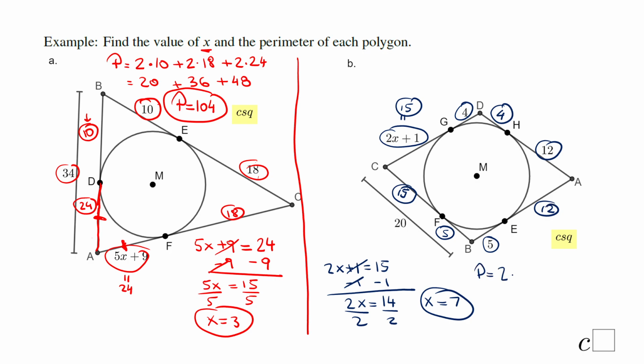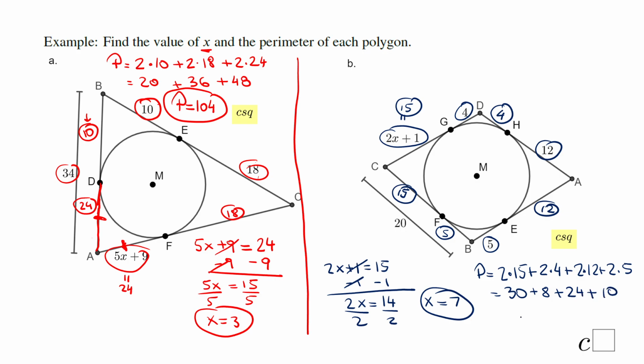So now we can do the perimeter, which is going to be what? Twice 15, 2 times 15, 2 times 4, 2 times 12, and the last one 2 times 5. So we have here 30, plus 8, plus 24, plus 10.